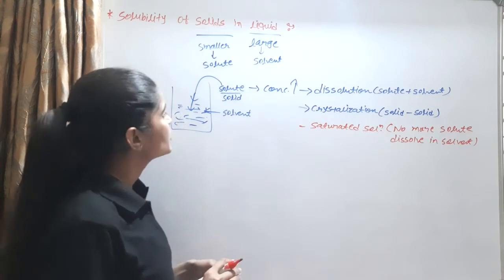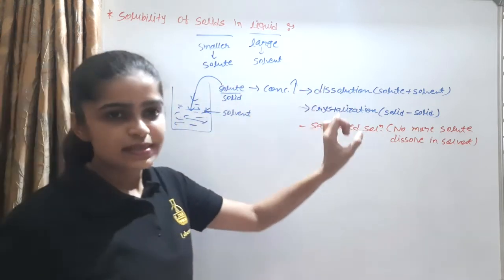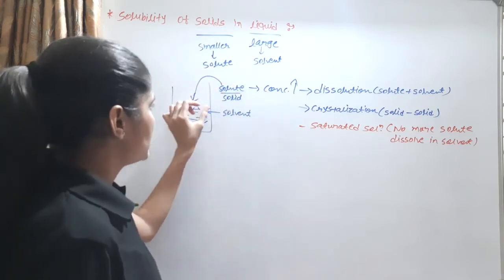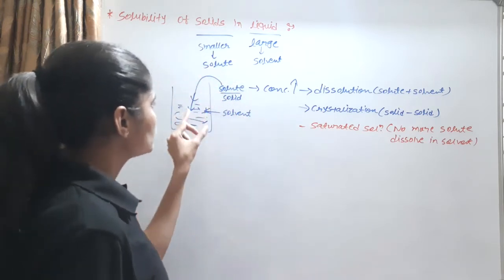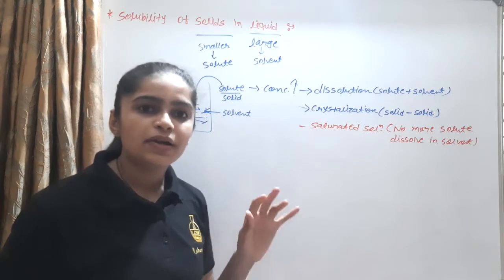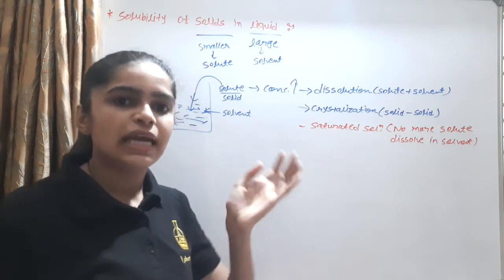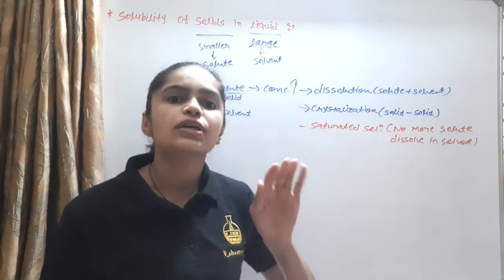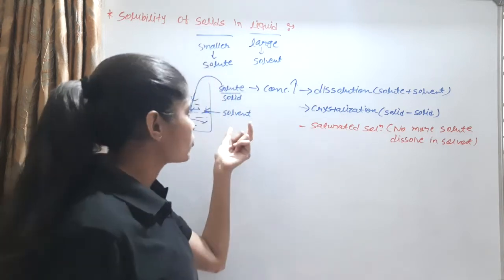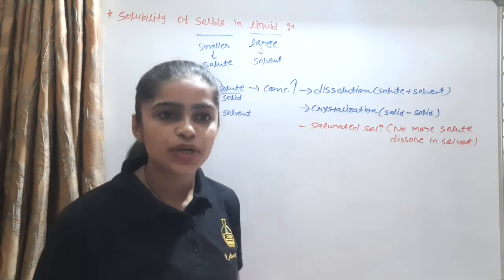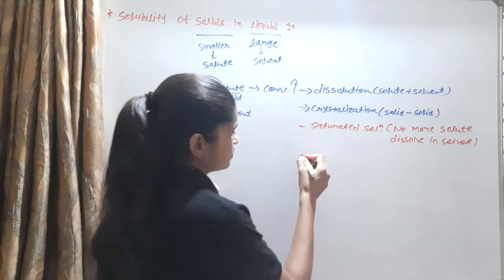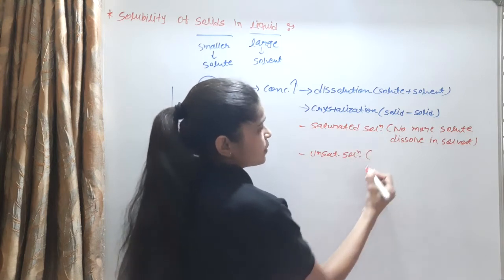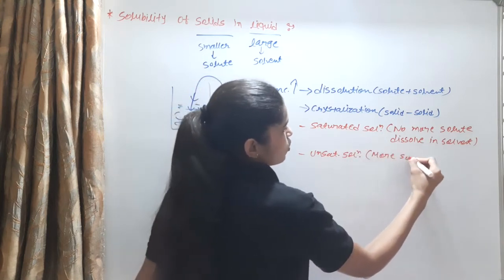Another term: when the dissolution process starts and continues, the solute added into the solvent is dissolved. At a particular temperature, when we add solute in the solvent, it dissolves. This is known as the unsaturated solution, meaning more solute can dissolve in the solvent.